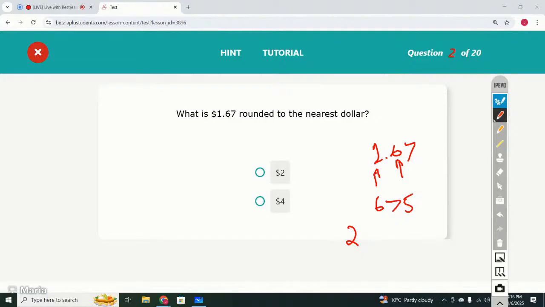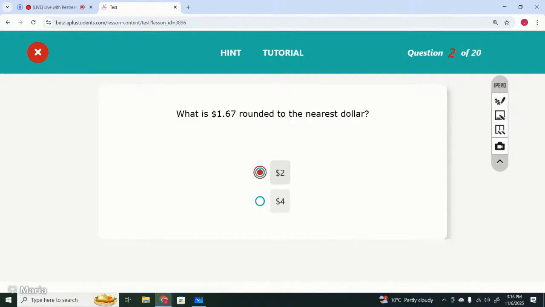It would be rounded to $2. The correct option is 2. Option number 1 is the correct option. That is $2.